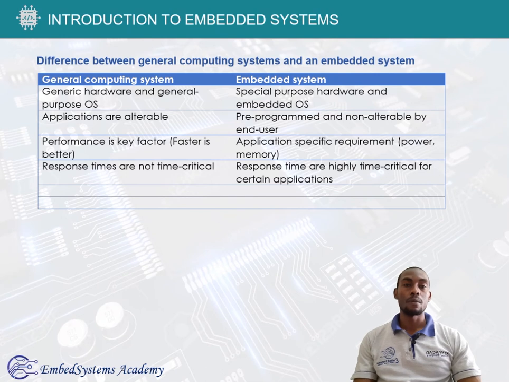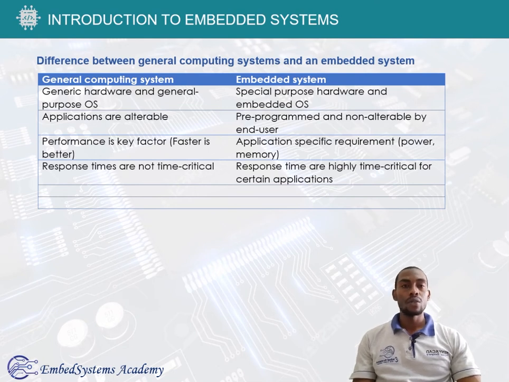You want to perform a certain task in a very critical time ratio, a very specific time factor that is considered in embedded systems. So that's the difference between a general computer system and an embedded system.